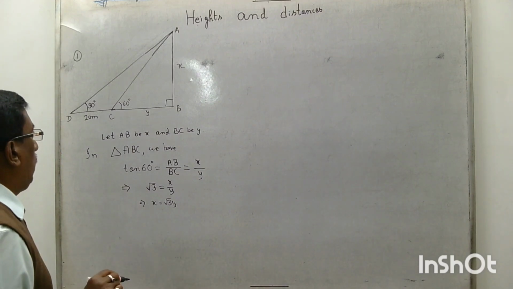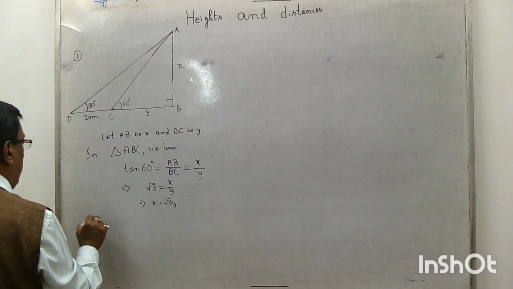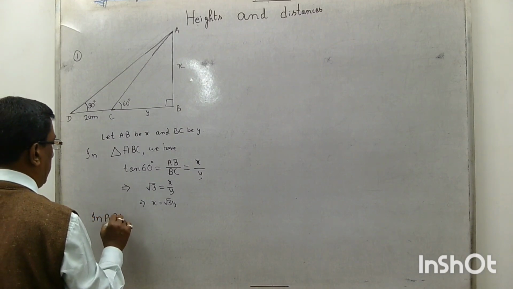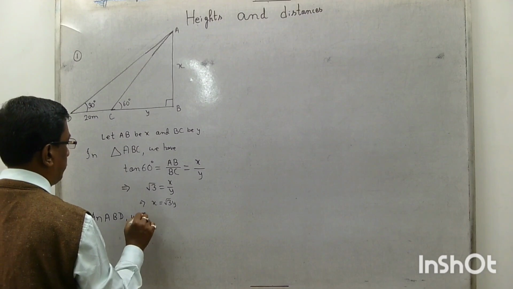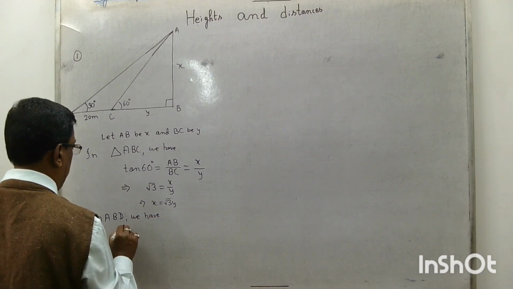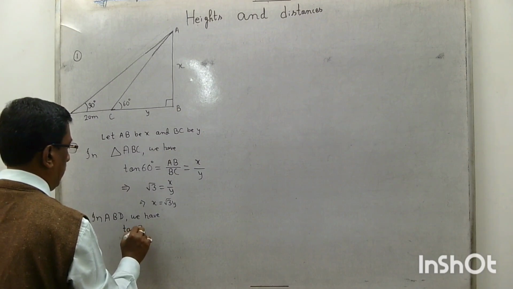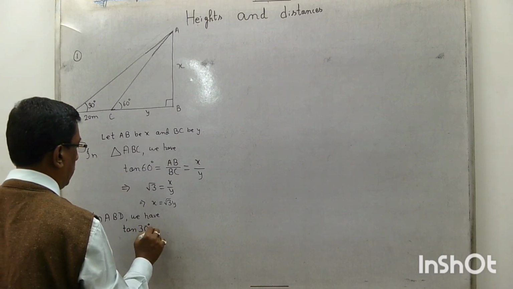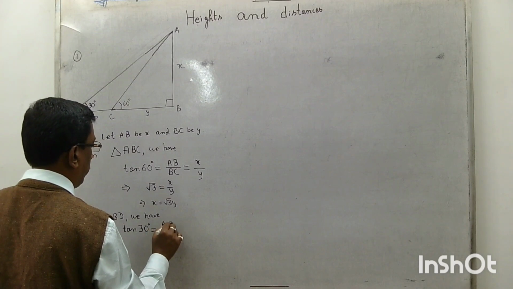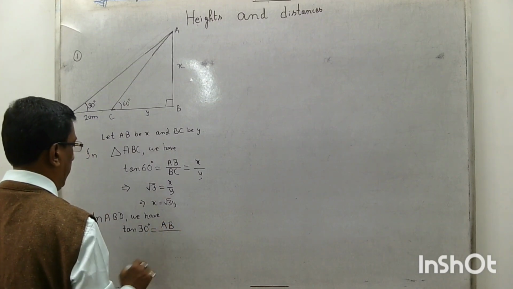Now in triangle ABD we have tan 30. This is equals to AB by BD.